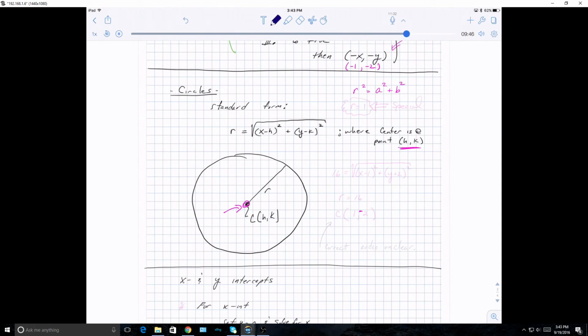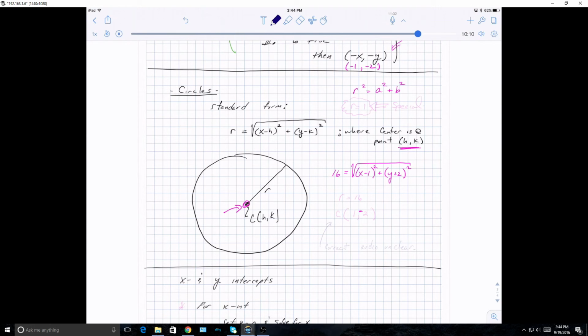So if you're presented with a problem like this, it's very easy to see. Let's say 16 is equal to x minus 1 quantity squared plus y plus 2 quantity squared.